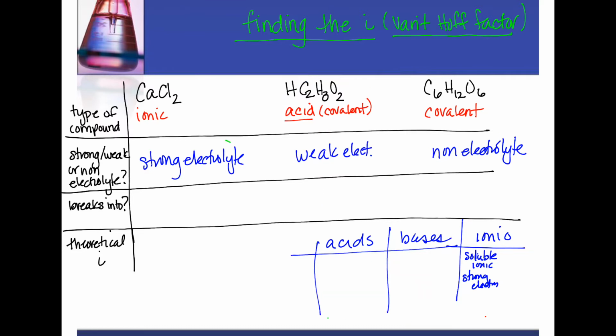All right, if that seemed really confusing, or you didn't understand how to determine something as a strong, weak, or non-electrolyte by using an electrolytes table, you're going to want to pause here and review solubility rules and how to use an electrolytes table.